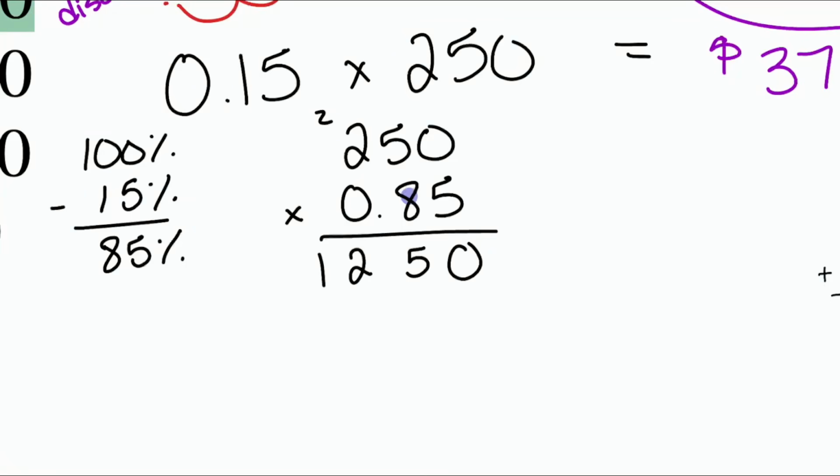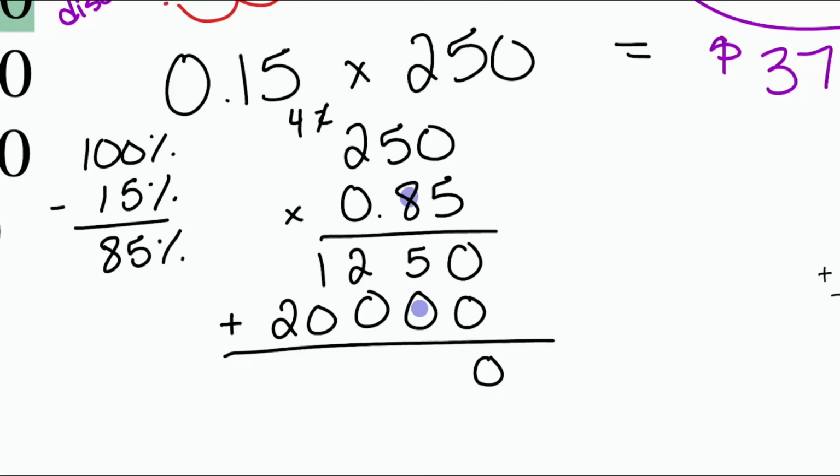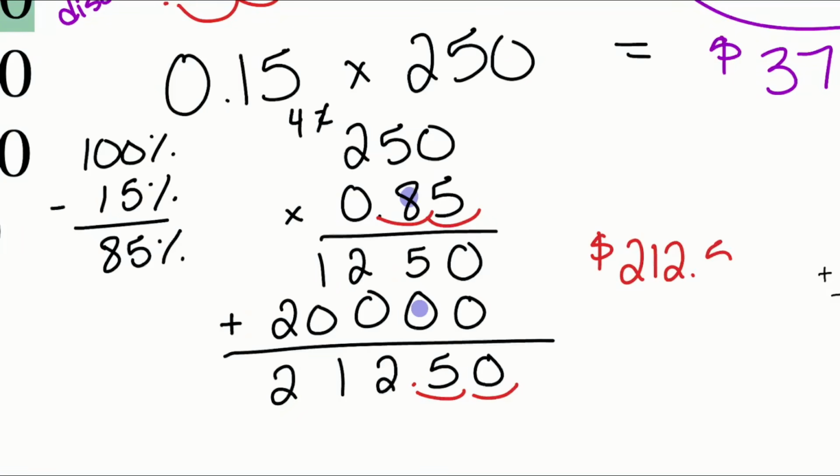Next, we'll move it over here, so we'll start right here. 0 times 8, that's 0. 5 times 8, that's 40, carry the 4. 2 times 8, that's 16. 16, carry the 4 is 20. Look at how much faster this is. 0, 5, 2, 1, 2, and we'll bring back 2 decimals, and our final answer is $212.50.